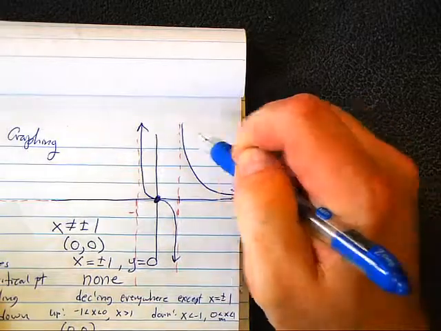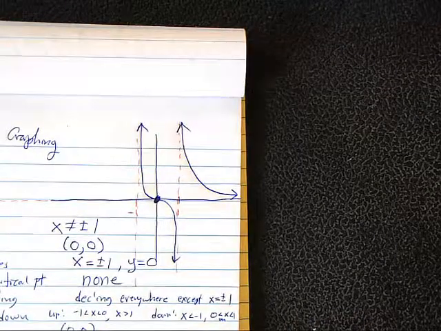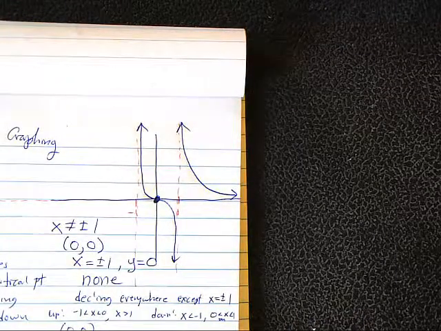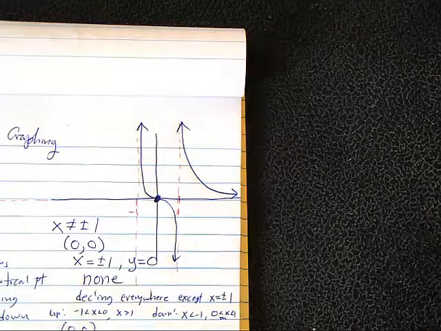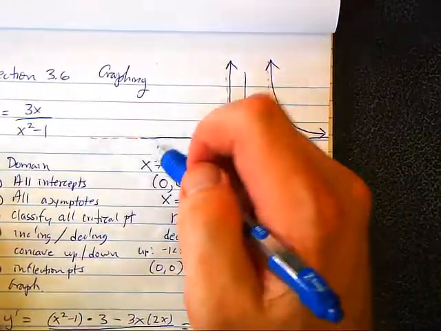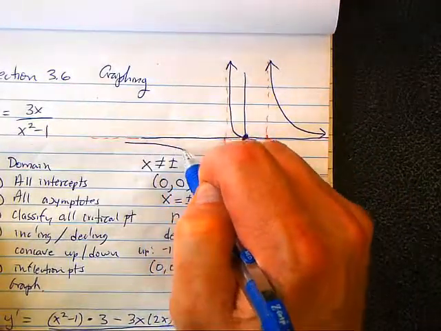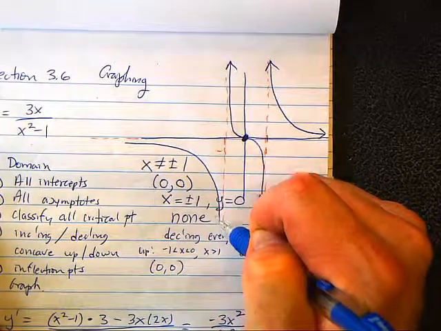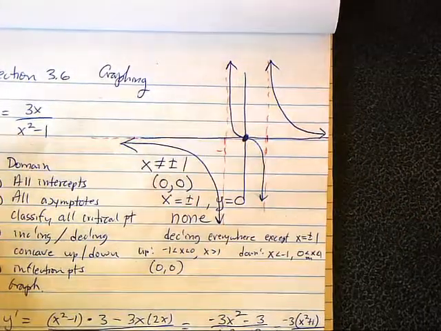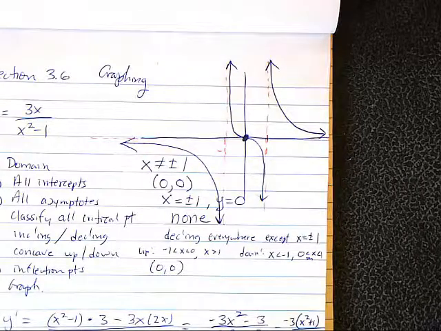I think that's the only way it can be decreasing, get close to the asymptotes, and be concave up. And conversely, when x is less than -1, it has to be decreasing, concave down, and get close to the asymptotes. I think the only way is to look like that.